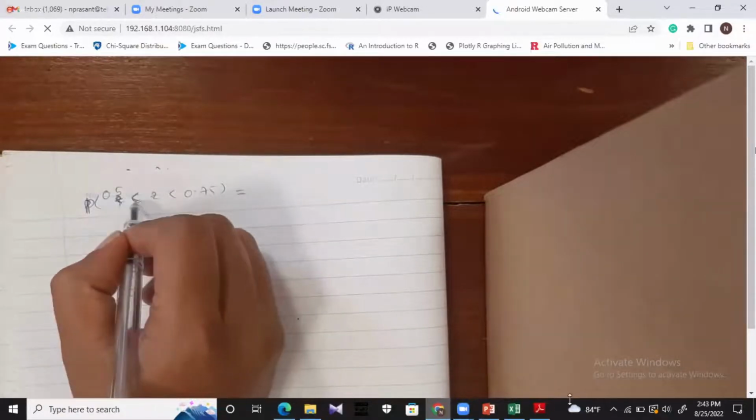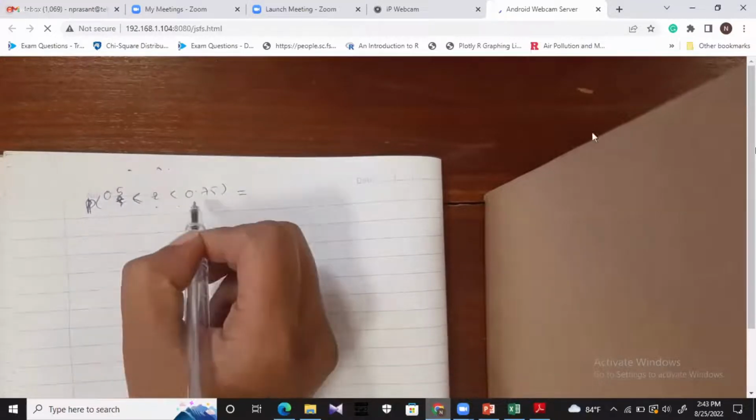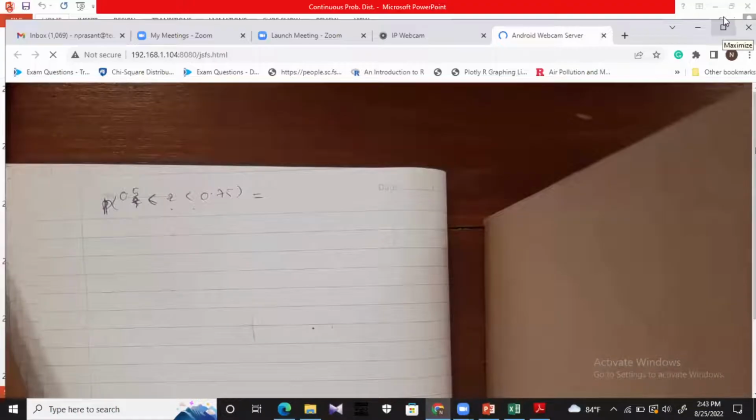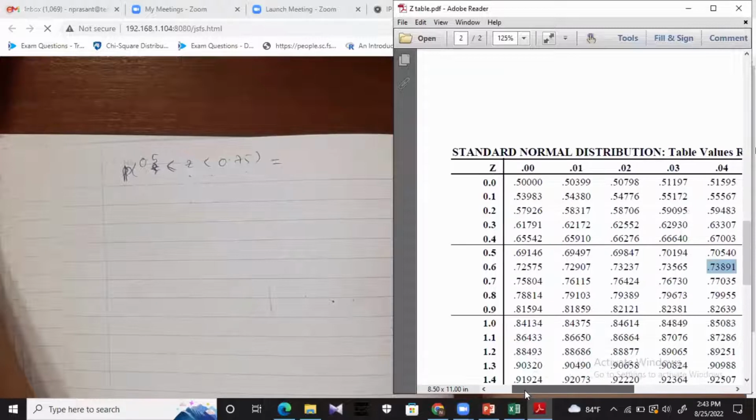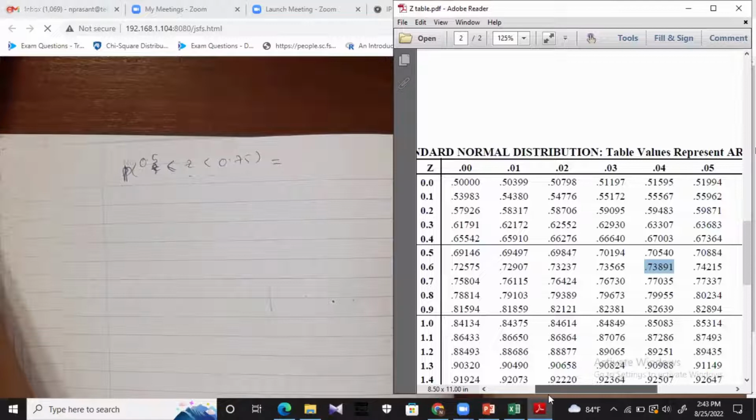Try to find this probability from the table. 0.5 is this, 0.75 is this. Quickly find this probability and send me your answers.